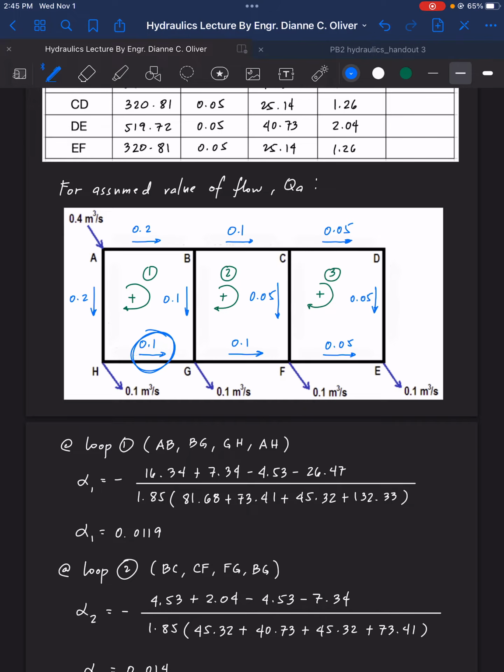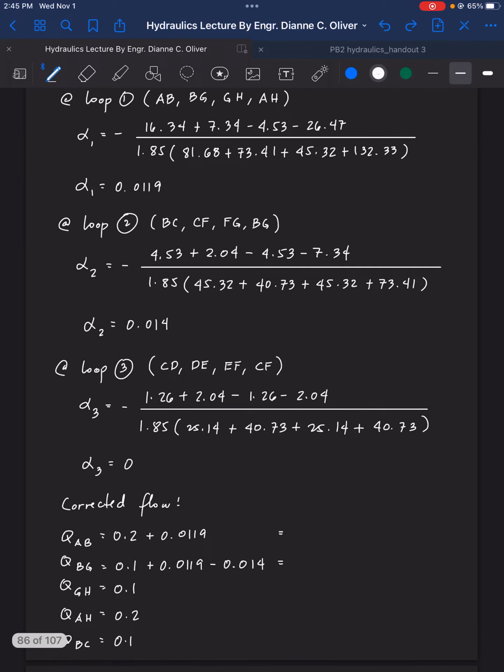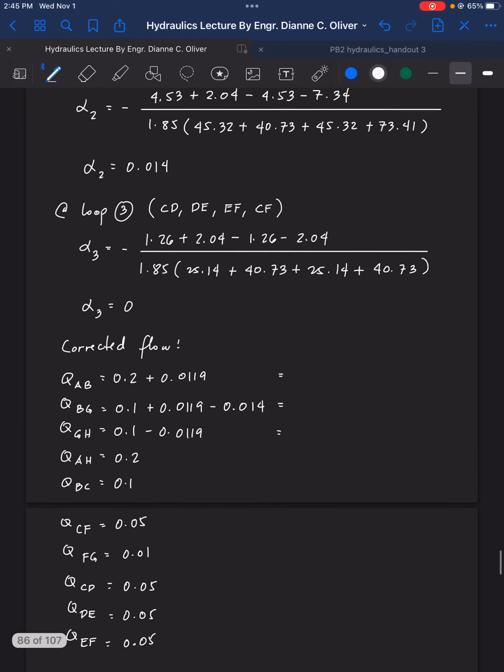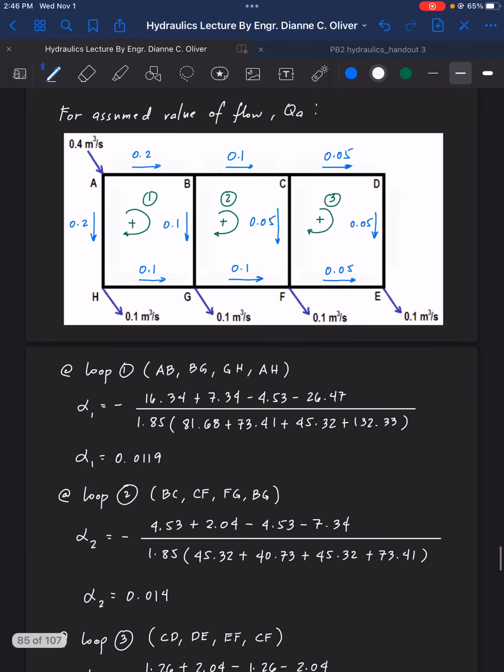So it is counterclockwise on loop 1. Therefore, the correction that it will receive is minus 0.0119. QAH is also counter the flow, that is 0.0119.